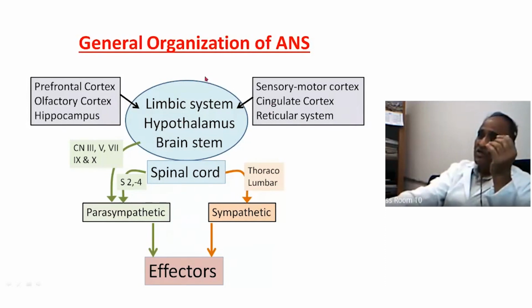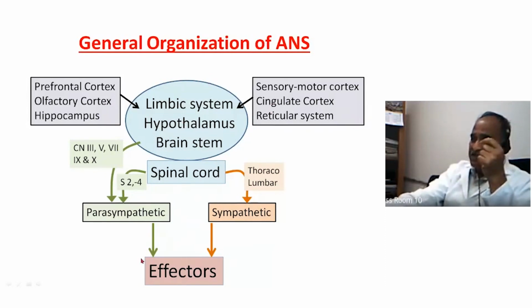So overall, the effectors are governed primarily by the brainstem and the spinal cord, via the craniosacral outflow, that is the parasympathetic division, or via the thoracolumbar outflow, to produce an effect.